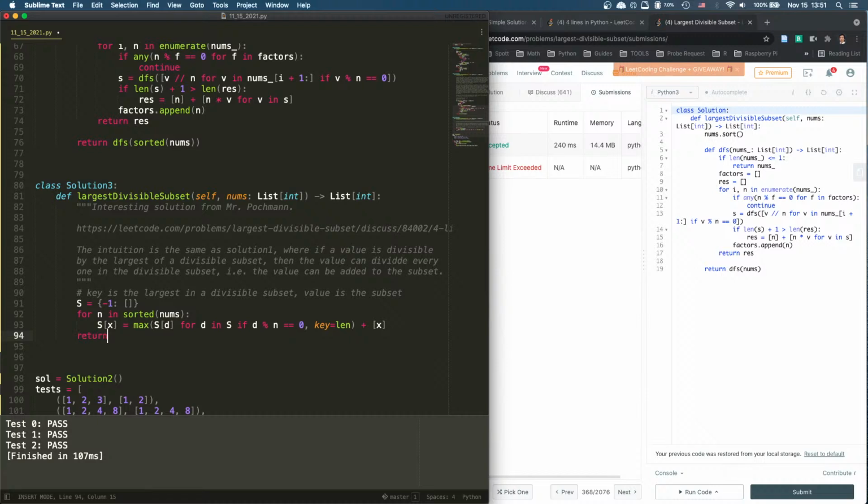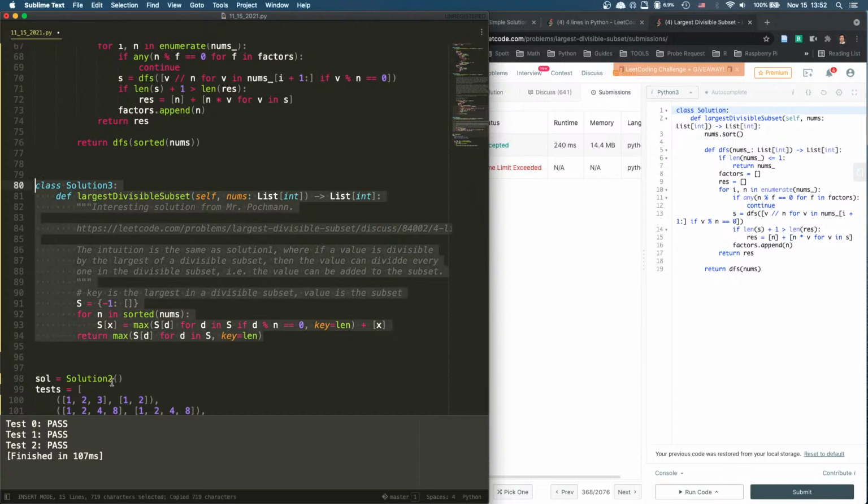Then we're going to return max sd for d in s, key equals len. I'm not sure. This might time out.